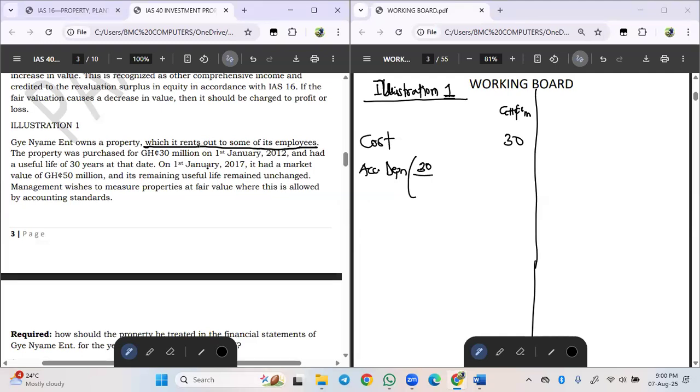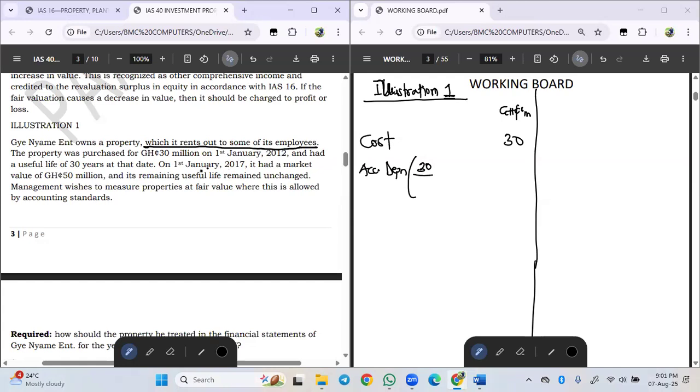5 years. But if it were 1st January 2012 to 31st December 2017, that one would be how many years? 6 years. Thank you. So sometimes it can be the same 2017, but look at the month.